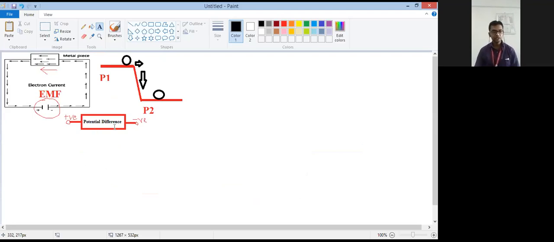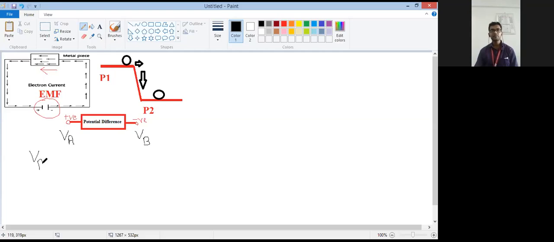Now, if this terminal is at, suppose, VA, so the potential of the positive terminal is VA, and the potential of this is VB. Okay, so the positive terminal of the battery is at VA potential, the negative terminal of the battery is at VB potential.